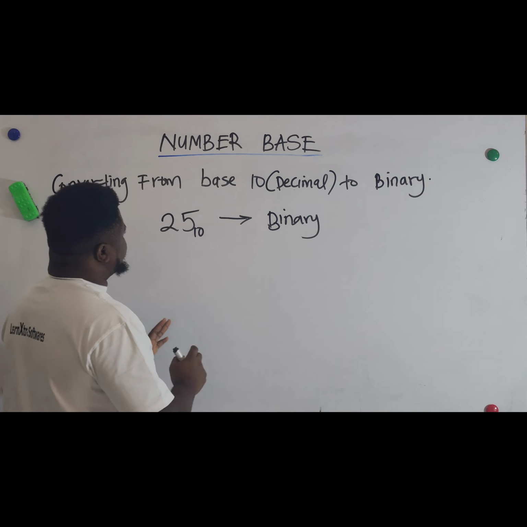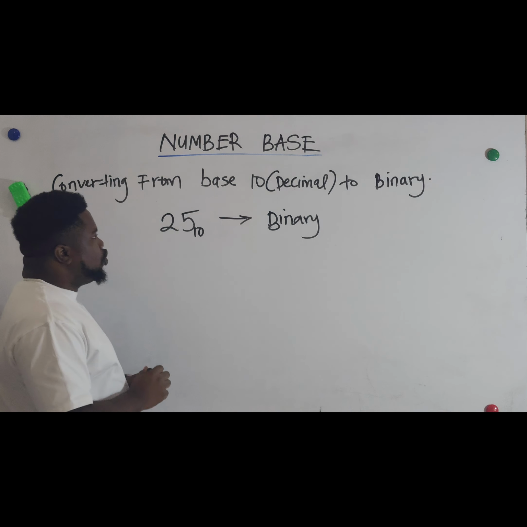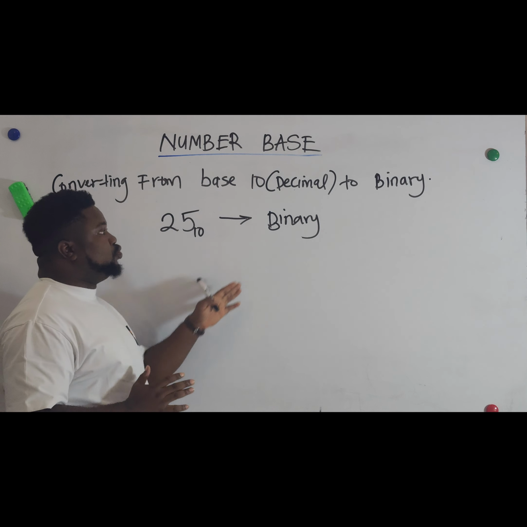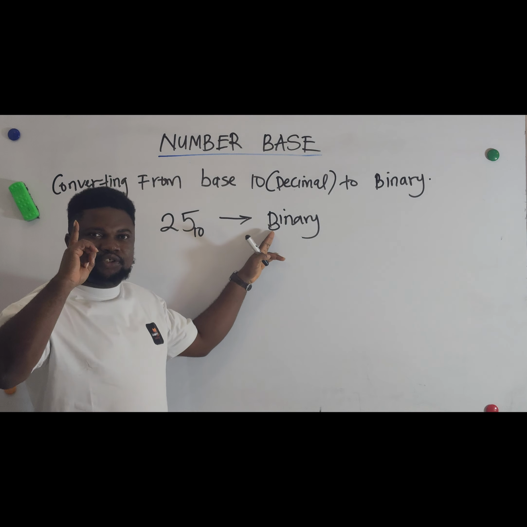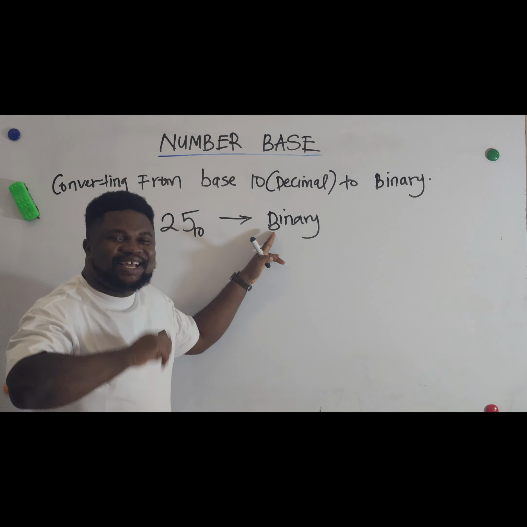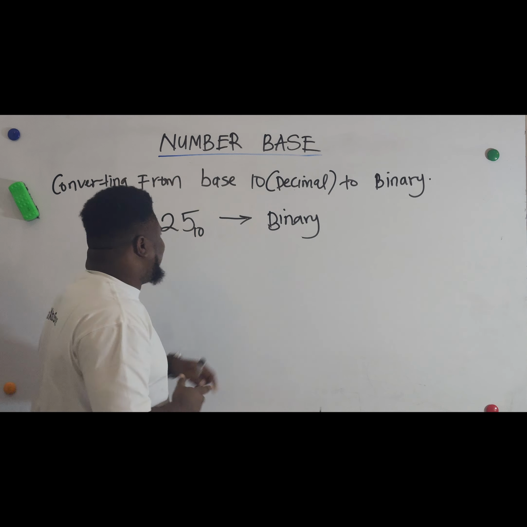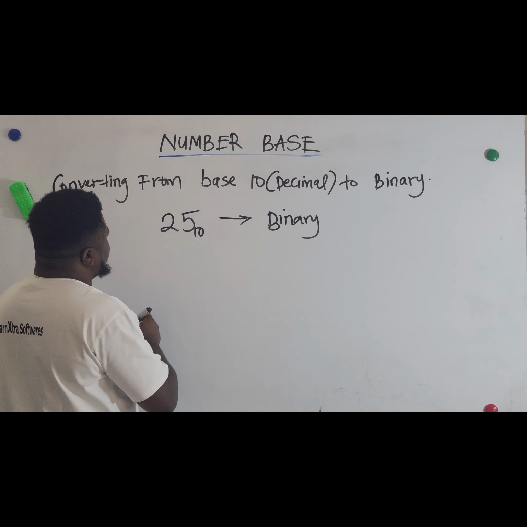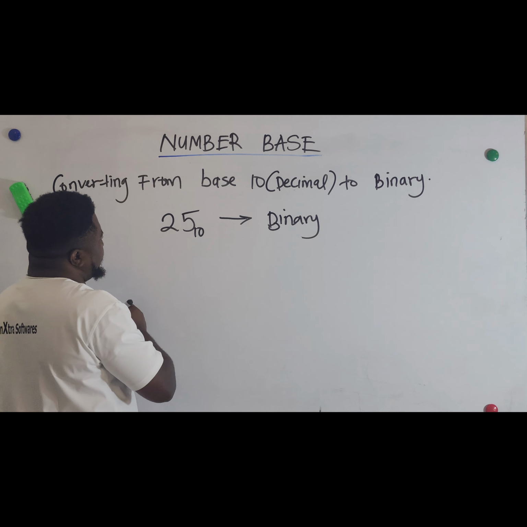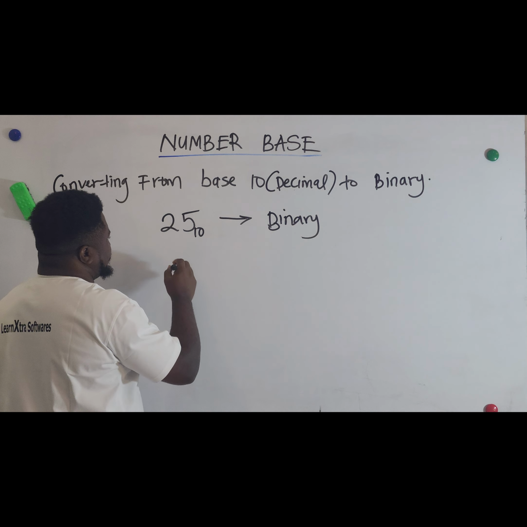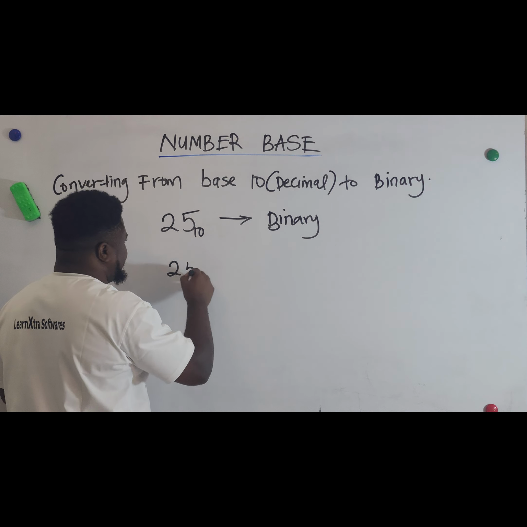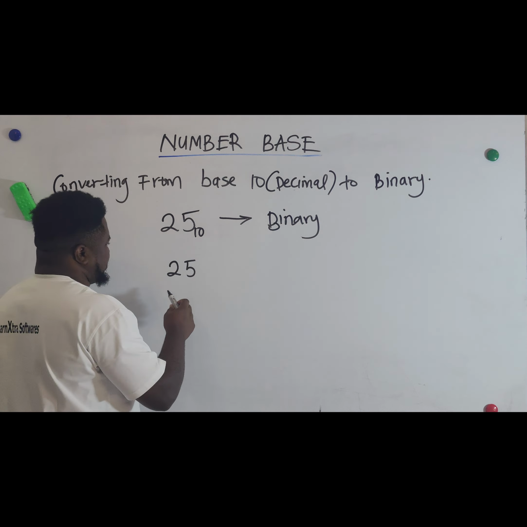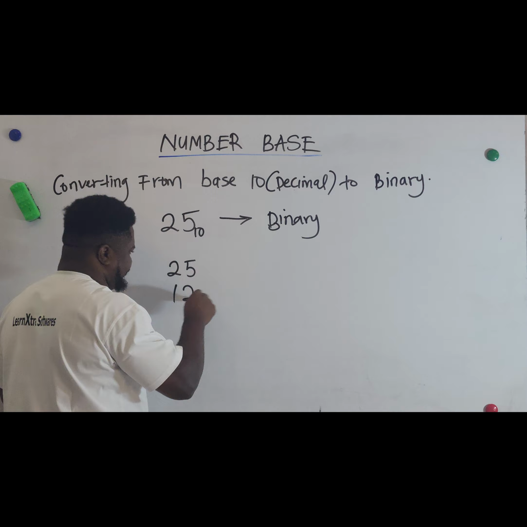So in this method, we shall divide by 2, but we shall throw away the remainders. Let's try it out. 25 by 2 gives us 12.